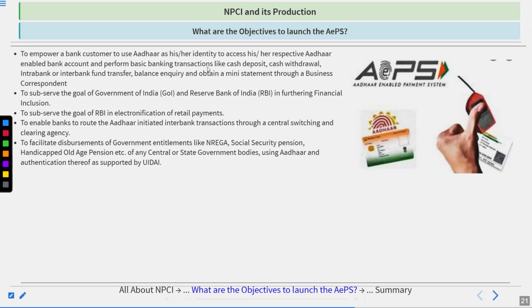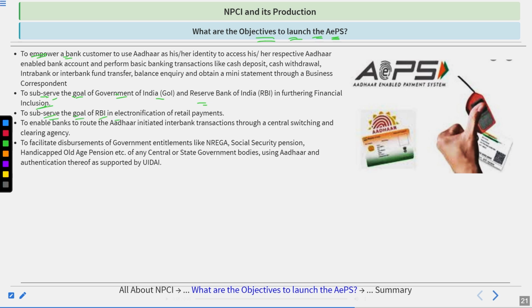What are the objectives to launch the AEPS? To empower a bank customer to use Aadhaar as his identity, to access his/her respective Aadhaar-enabled bank account, perform basic banking transactions like cash deposit, cash withdrawal, intra-bank or interbank fund transfer, balance inquiry, and obtain a mini statement through a business correspondent. To serve the goal of Government of India and Reserve Bank of India in furthering financial inclusion.